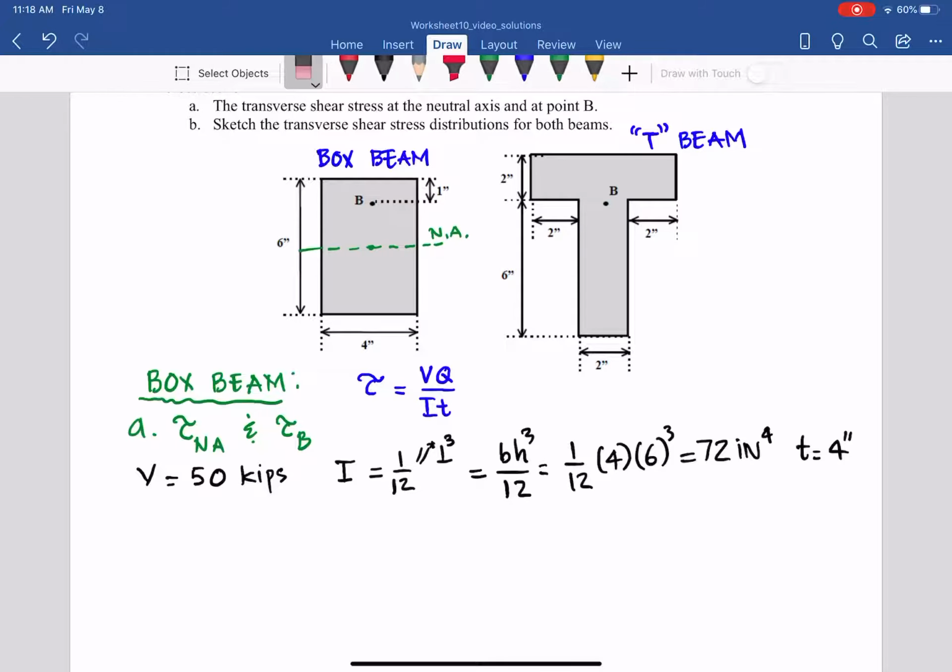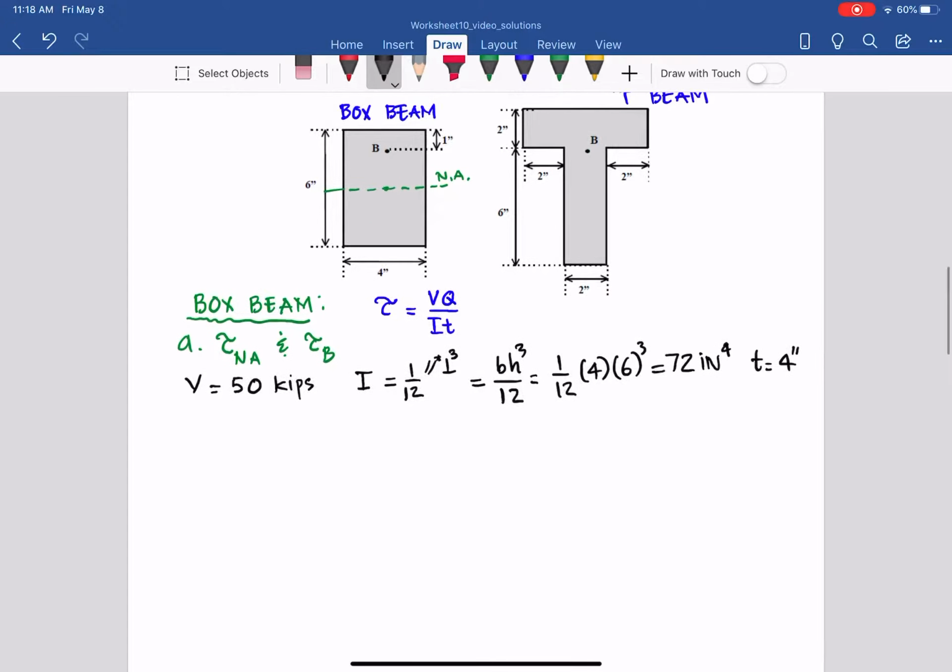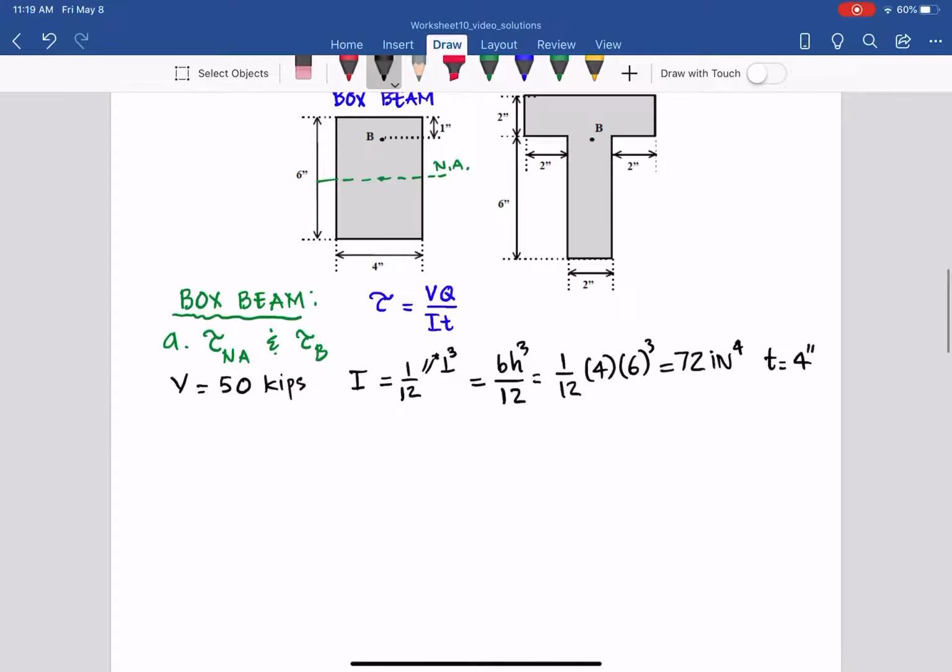So that's the information we have. Now go ahead and find the first moment of outward area at the neutral axis and at point B. So Q at the neutral axis equals this area, the outward area. Everyone see that?